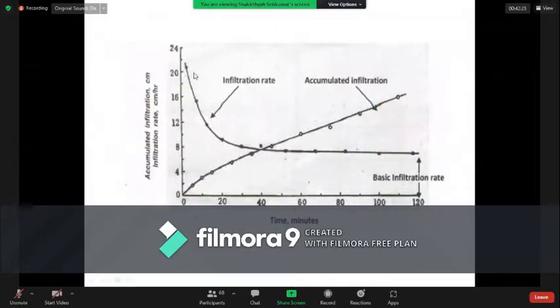In this graph, you can see the time in minutes and the accumulated infiltration. So this is the accumulated infiltration curve. At the initial time, the infiltration starts.